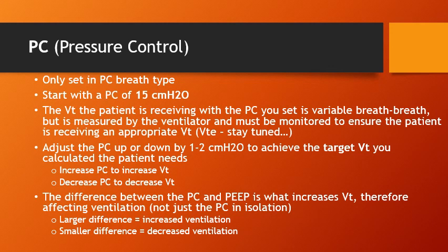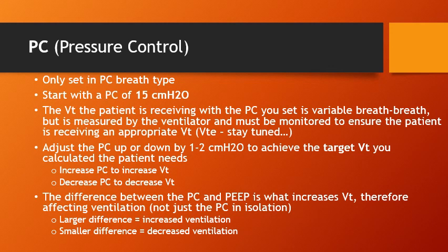So this kind of goes back to when we talked about tidal volume and why even if we're not in volume control breath type, we still have to calculate a tidal volume for our patients. So no matter what, whether we're in volume control breath type or pressure control breath type, we're always going to calculate a tidal volume. Now if we are in volume control breath type, we're going to use that tidal volume and dial it into the ventilator, right?